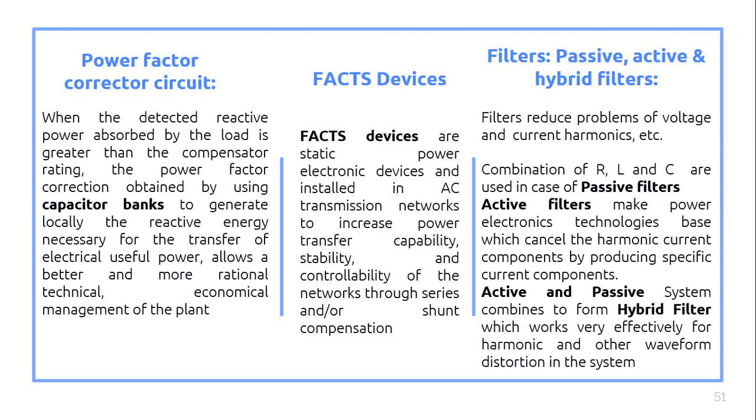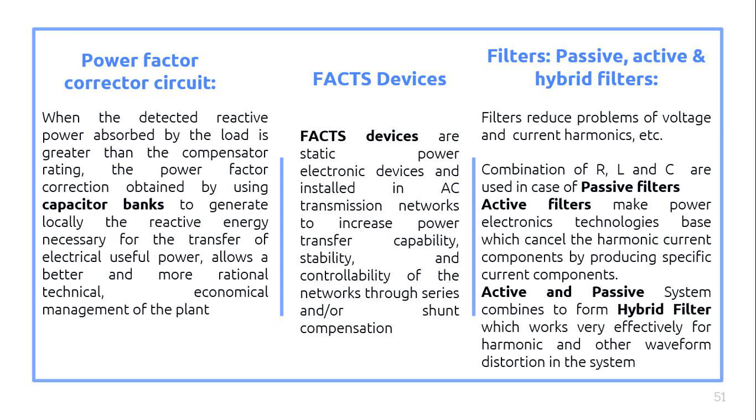It allows a better and more rational technical and economical management of the plant. FACTS devices are static power electronic devices installed in AC transmission networks to increase power transfer capability, stability and controllability of the network through series and shunt compensation.